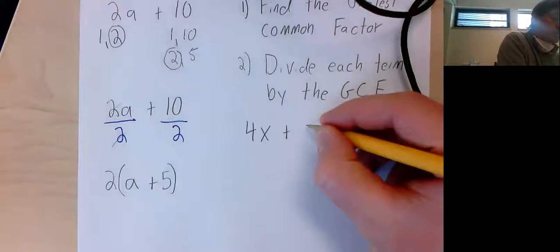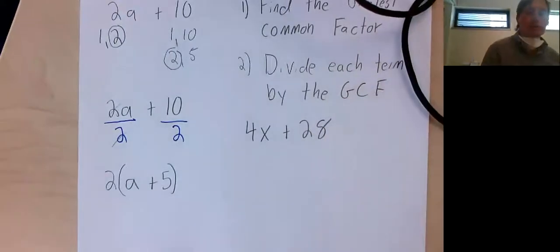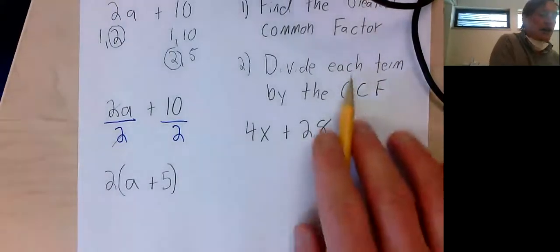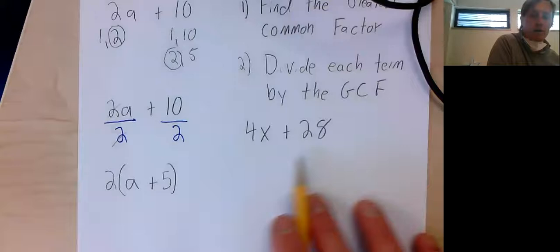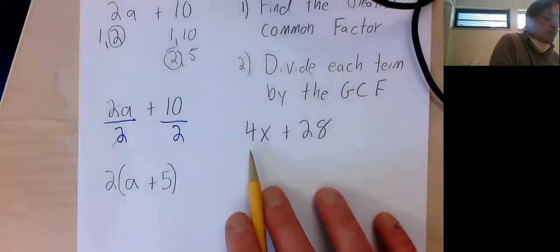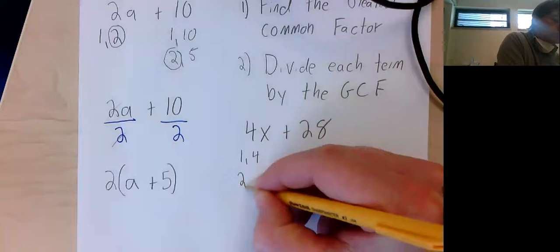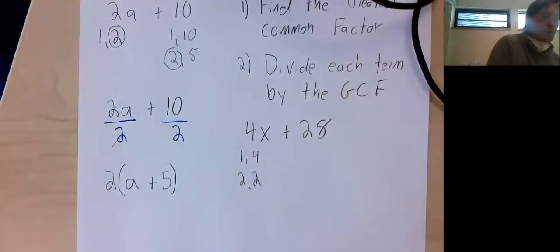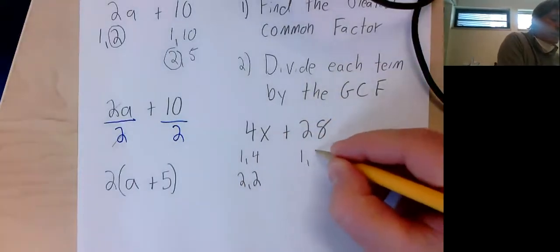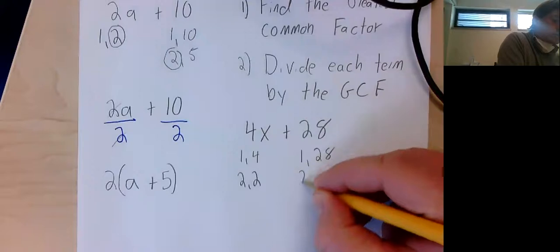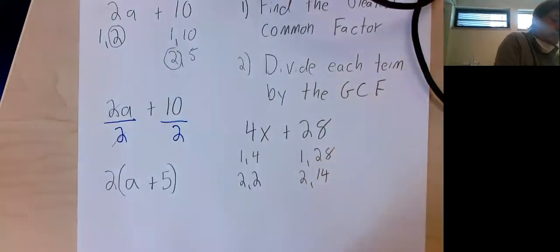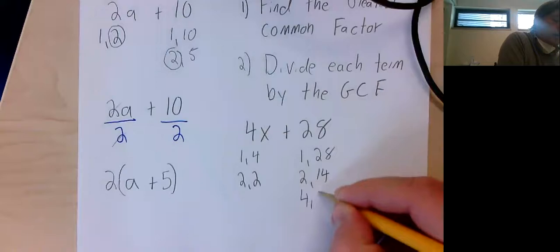4x plus 28. First thing we need to do is find the greatest common factor between the 2 terms. My factors of 4 are 1 and 4 and 2 and 2. For 28, I can do 1 and 28, 2 and 14, and 4 and 7.